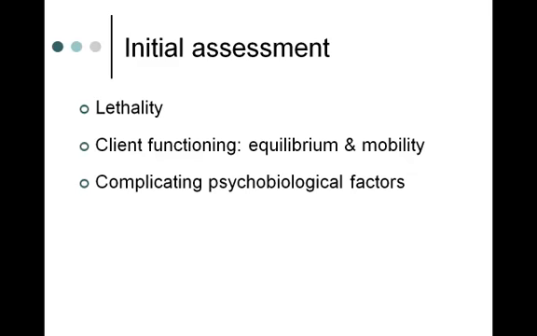I also want to identify if there are complicating psychobiological factors present. Right? There are certain things that may render a person atypical with regard to their neurological functioning. And it may complicate my intervention. So I might think, okay, this person's brain probably works differently than other people's, at least right now. And so some of the things I might assume about what would work and what to do, I might have to think a little differently.